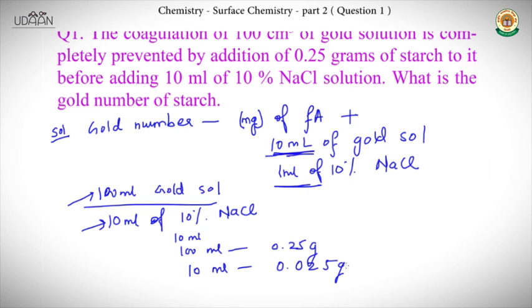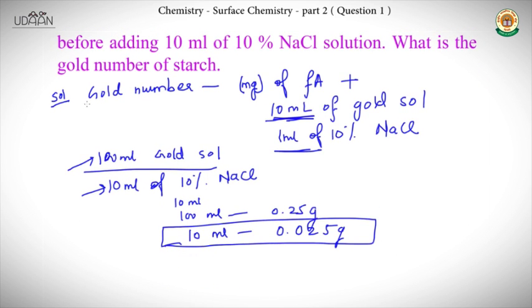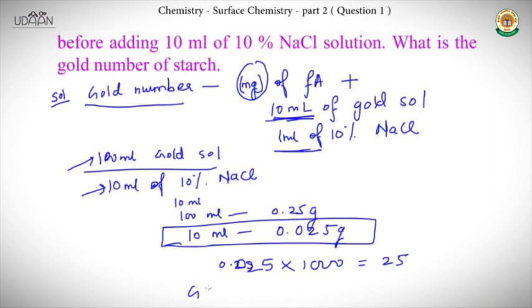But the standard definition of gold number says I need to find the weight in milligrams. So the weight in milligrams will be 0.025 times 1000, which is 25. So the gold number of starch is 25 milligram.